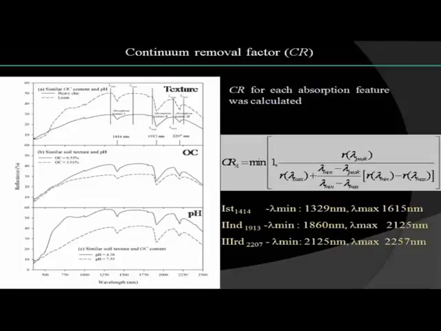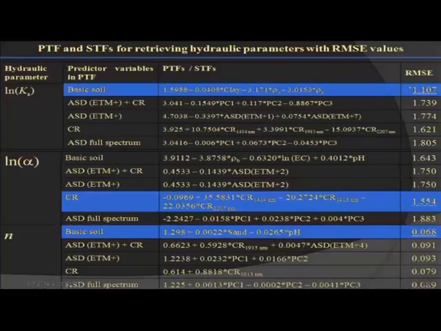Then we also looked at the continuum removal factor, which I am going to talk about in detail tomorrow, where continuum removal means the water absorption bands at 1400, 1900 and 2200, which were quantified through the CR factor, and the expression is given over here. That is also used to get the pedotransfer function.